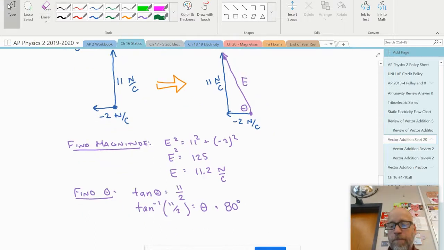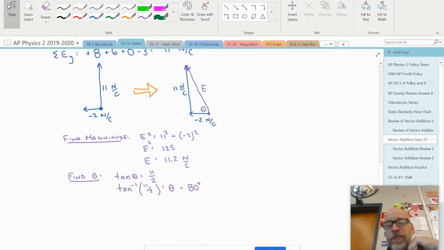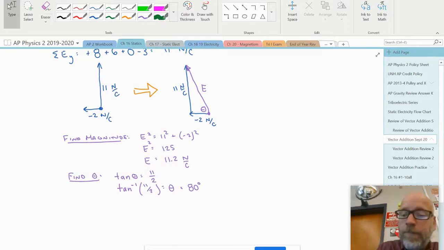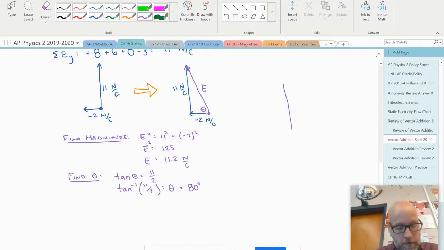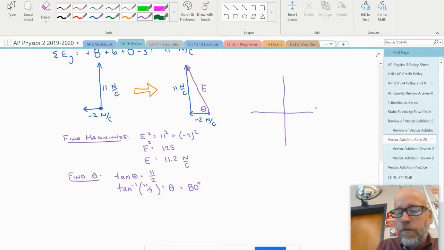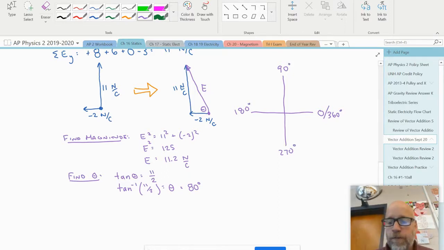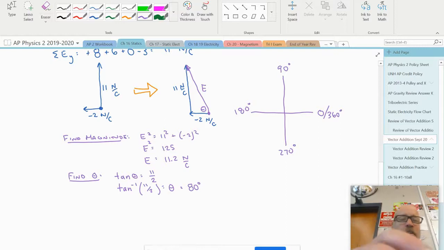Okay. Now, is that 80 degrees? Which way is 80 degrees? Point. No, you all got that wrong. Coordinate plane. Quick review. What's this number here? 0? What's up at the top? 90? 180? 270? 360. We're going to be working in degrees. So 80 would be in the first quadrant. But our answer is not in the first quadrant.